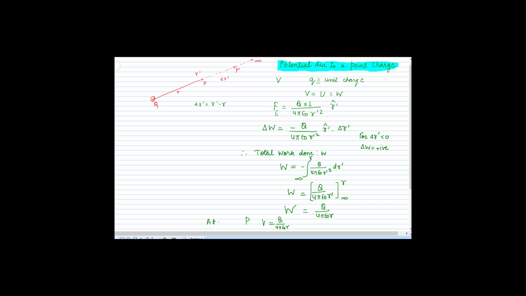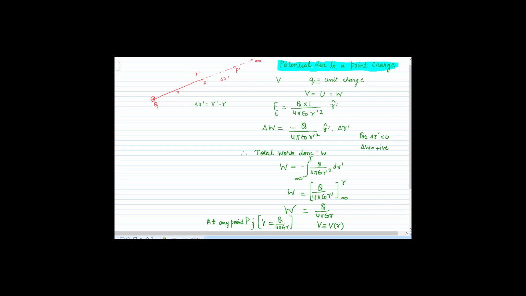So at any point P, the electrostatic potential capital V is equal to Q upon 4 pi epsilon naught R. That means our electrostatic potential depends on the distance R. So we can say that this electrostatic potential is a function of the distance.